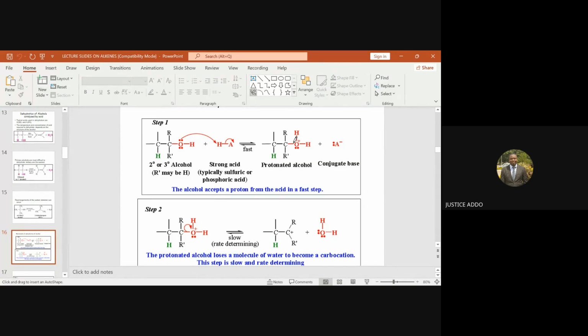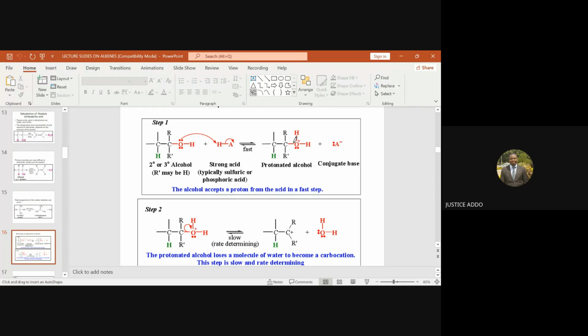Why is it unstable? It's unstable because of the positive charge on the oxygen. So it makes the whole molecule what? Not stable. And in chemistry, when the molecule is not stable, usually it will not exist. It will either cease to exist or arrange itself to form something else that is stable.